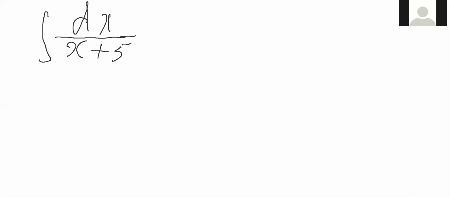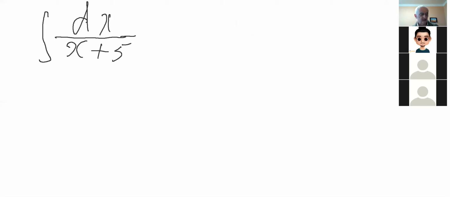We don't have this integral in the table of basic integrals. In basic integrals we have some formulas, but without 5.